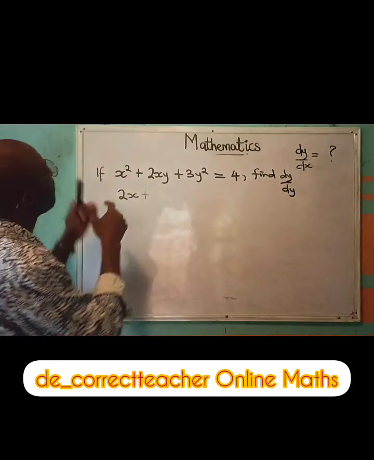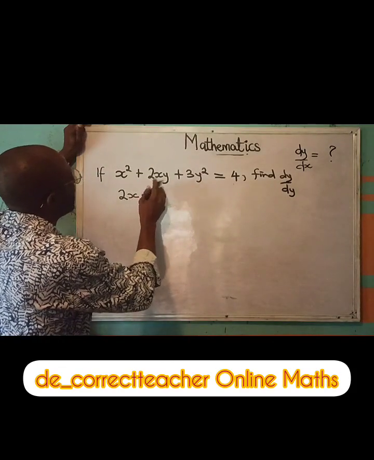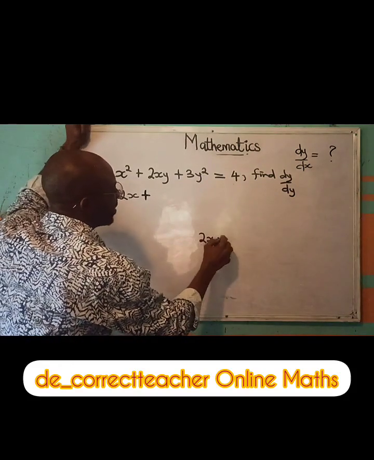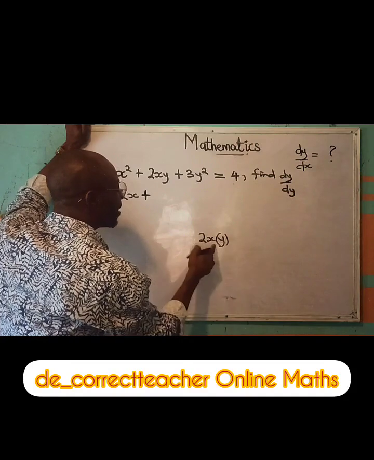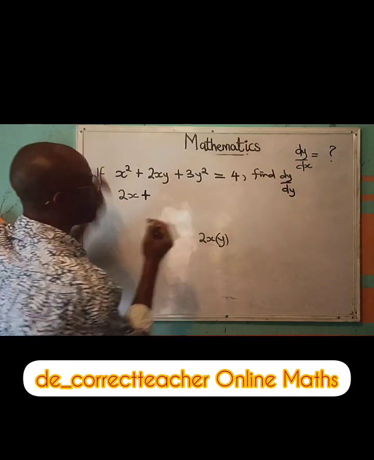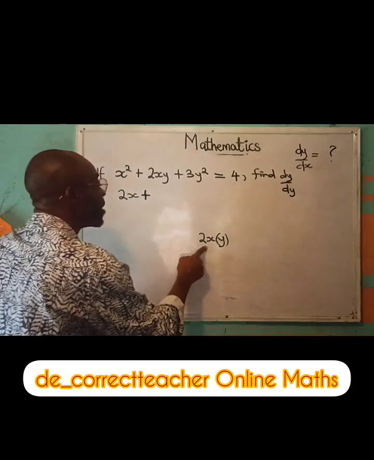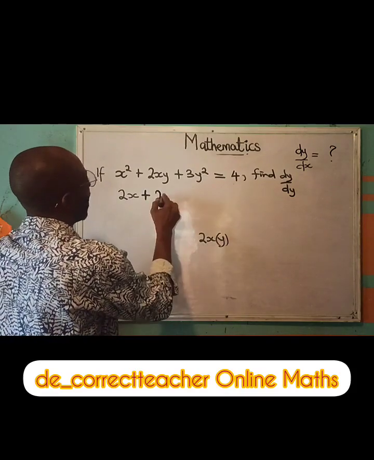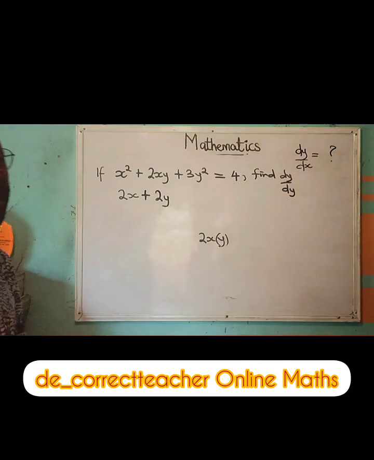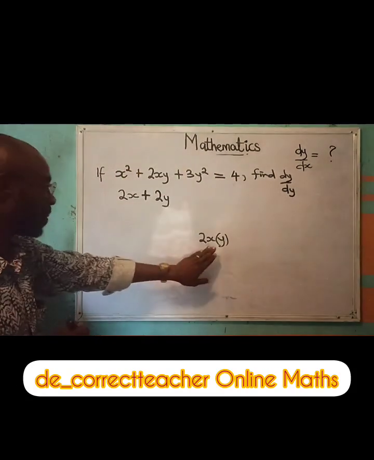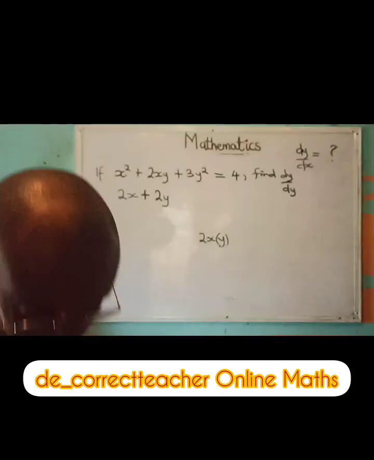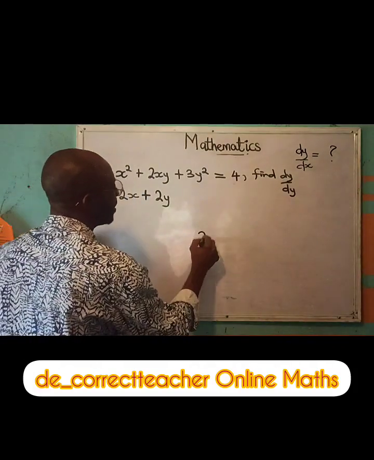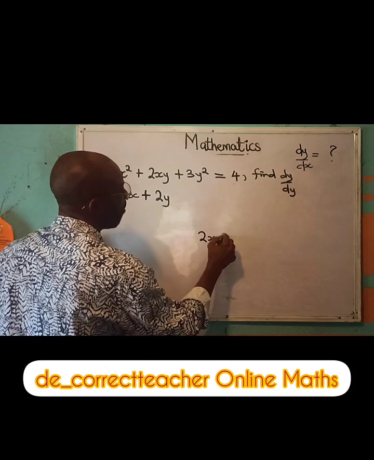Okay? So if I want to differentiate with respect to x here, it means I'm going to differentiate 2xy separately. So let's cover this and assume we are differentiating only this 2x. If I'm differentiating only this 2x, I will have just 2. But remember the y is here, so I will attach the y to it. So that is the derivative of this because I'm differentiating with respect to x. Now, I'll come again. This time around, I'm differentiating with respect to y.